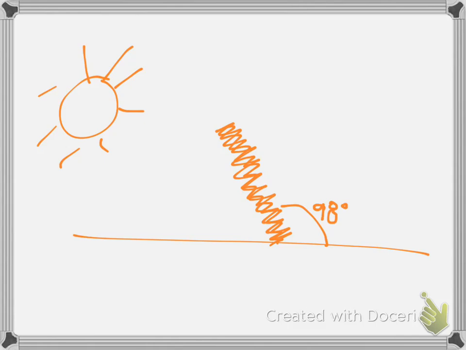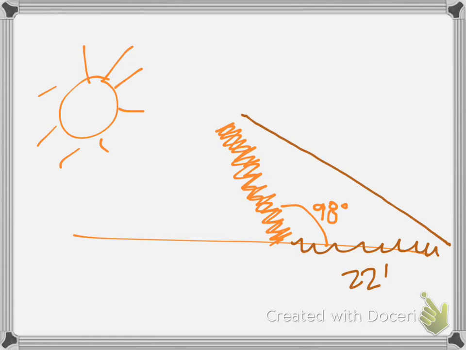And it casts a 22-foot shadow. That's pretty easy to figure out. So I know that that's 22 feet. And if I draw my triangle, it tells me that from the tip of the shadow to the top of the pole is 43 degrees. And it asks you to find the height of the pole.